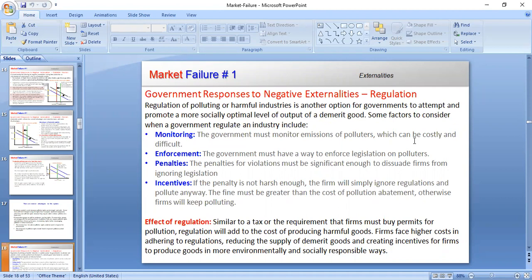It monitors them and finds out, right? And of course, at the end of the day, this might be costly and difficult for the polluters, because if the government monitors them, it requires them to abide by the environmental regulations that reduce pollution.